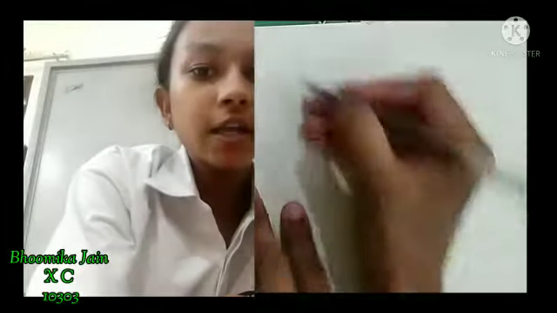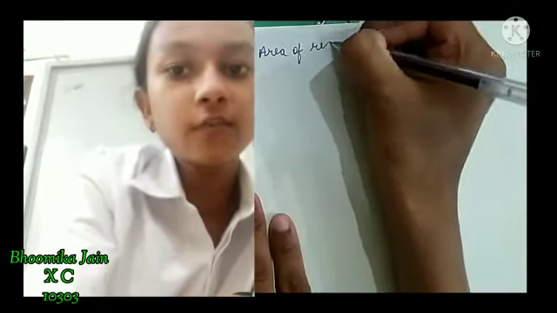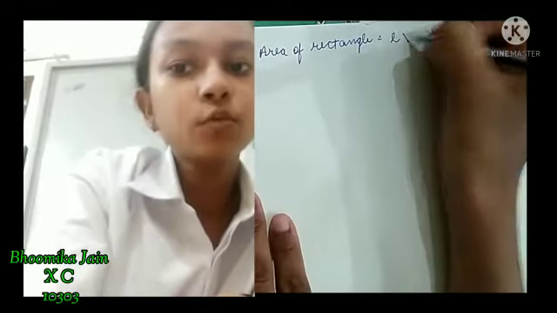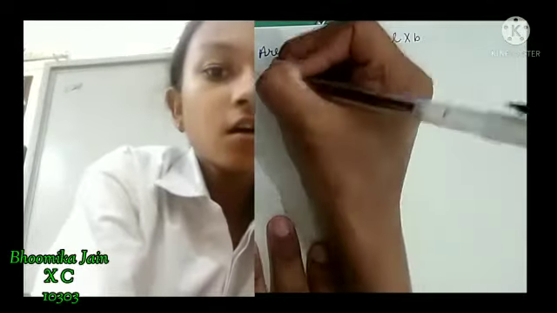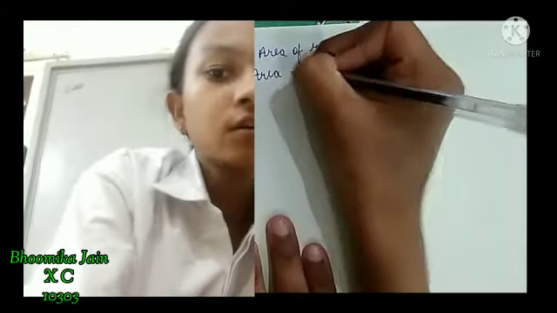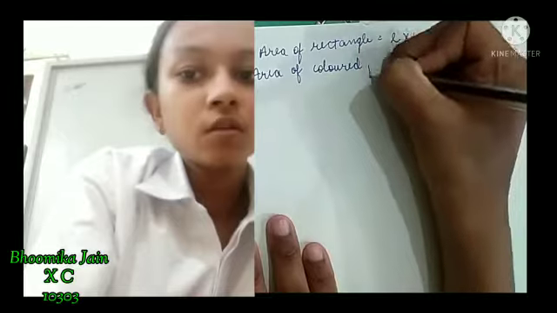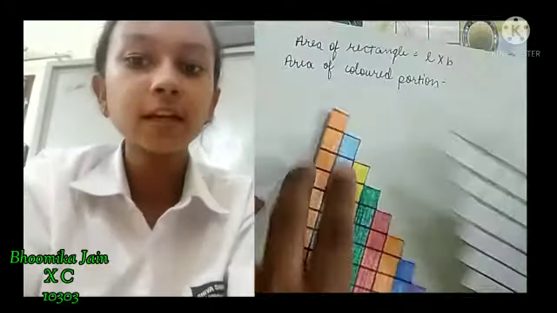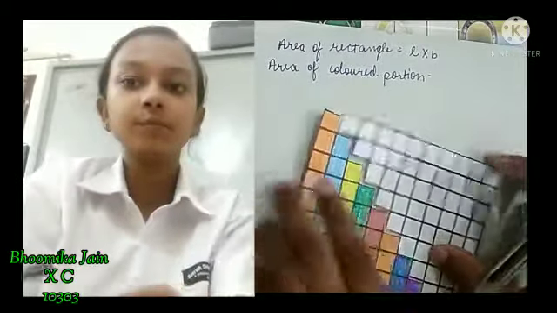And verify the formula. The area of the rectangle is length into breadth. And now the area of the colored portion. What will be the area of the colored portion? Half the area of the rectangle. We know that it is half the area of the rectangle.